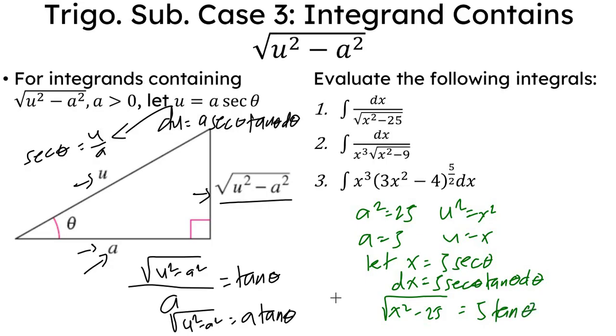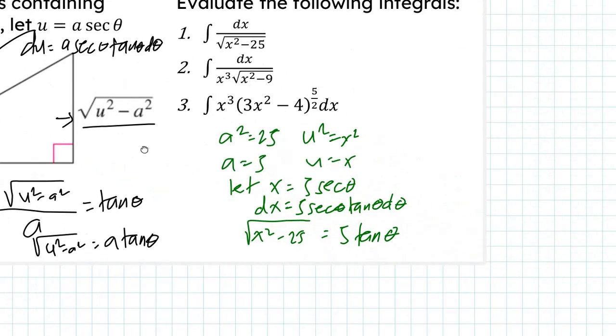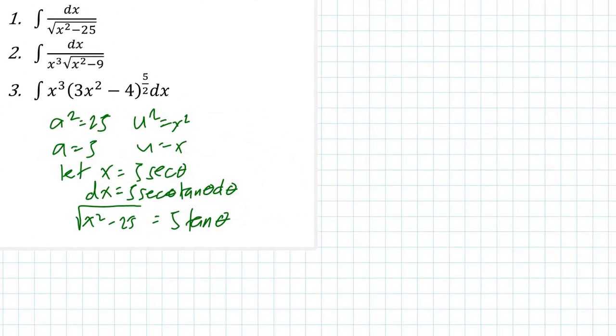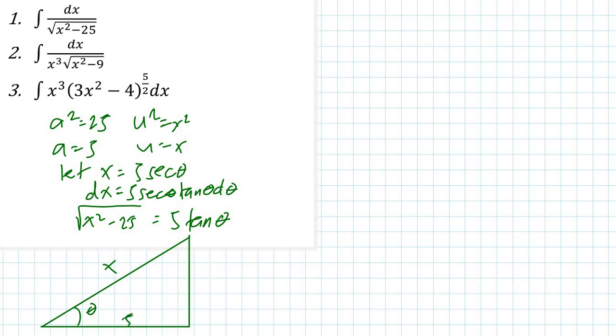So, if we are to construct now our right triangle guide, here you go. Our right triangle guide here, here, and here. Theta is such that this is the hypotenuse, this is the adjacent side, and this is the square root of x squared minus 25.